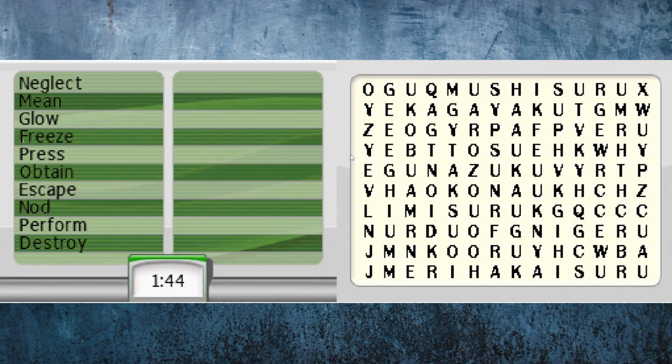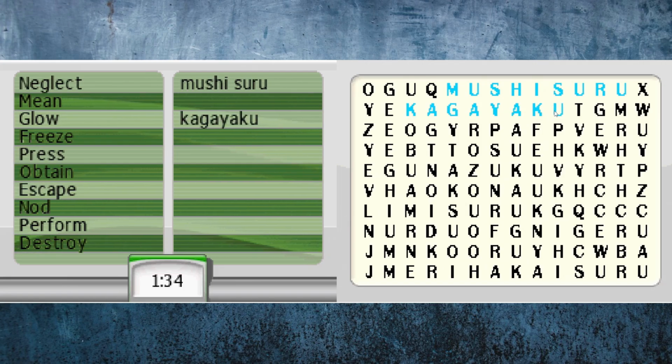Word search. To neglect. Wait, we're not going in order. So this is mushisuru. Kagayaku. Eru. Osu. I found why. It's an English word. But we're not looking for that.